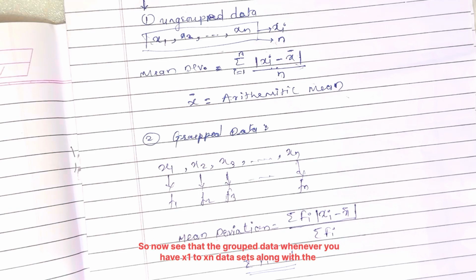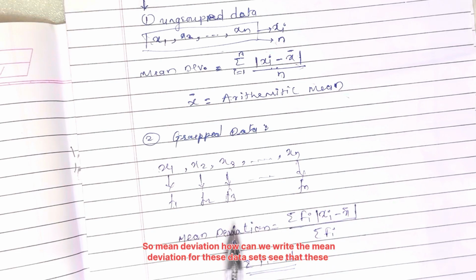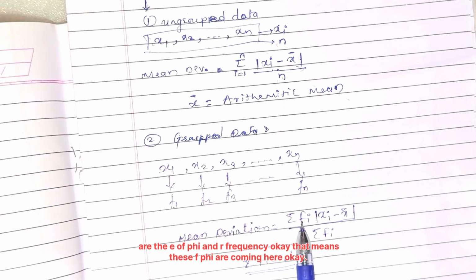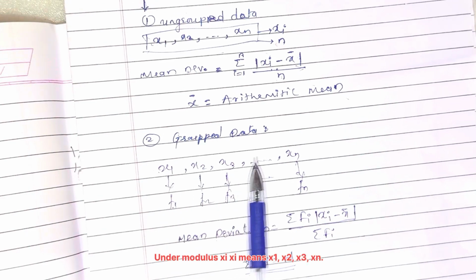Whenever you have x1 to xn data along with f1 to fn frequencies, this is how we write the mean deviation. The fi are the frequencies, and under the modulus xi means x1, x2, x3, xn.